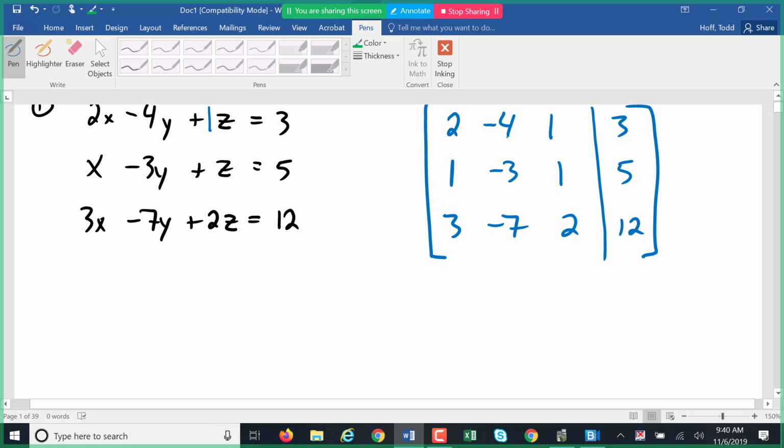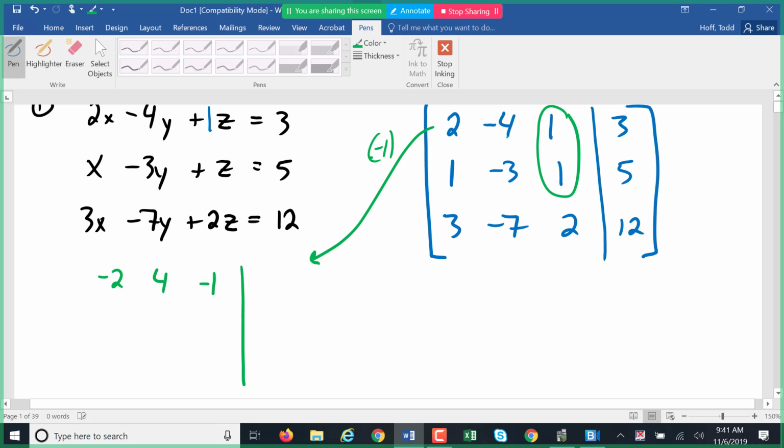The only variable I see right now that's really easy to get rid of is in the first 2 lines there, that third column. Both have 1s in it. So I'm going to take this top row and multiply it by -1. That'll give me a -2, +4, -1, and -3.